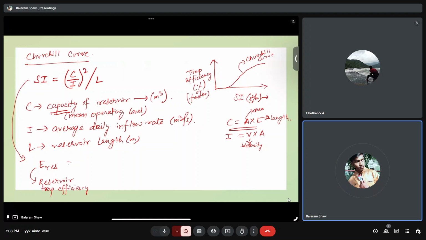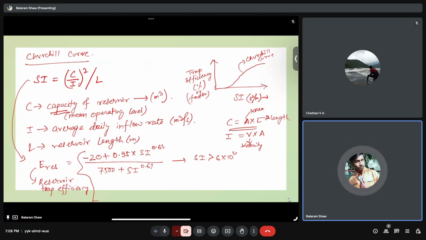The equation is an empirical equation: E = 1 − 0.63 divided by (7500 + SI) to the power 0.63, for SI greater than 6 into 10 to the power 4.